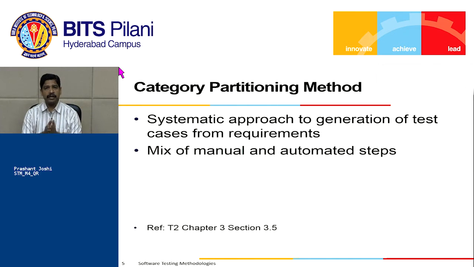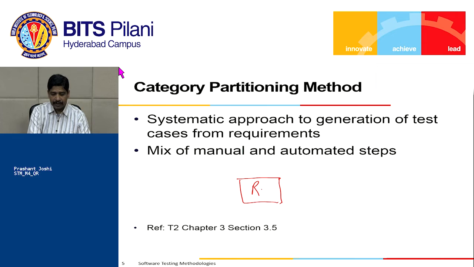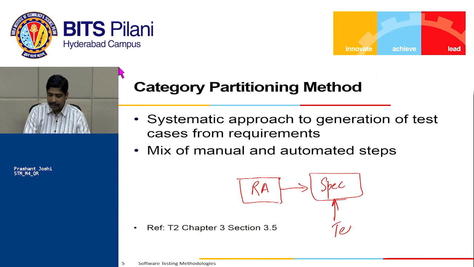And of course, here is where you look at how it is a mix of manual and automated steps. So as you look at the requirement specifications, requirements analysis converts into all that we need from a spec perspective. So it could be test spec or it could be design spec.